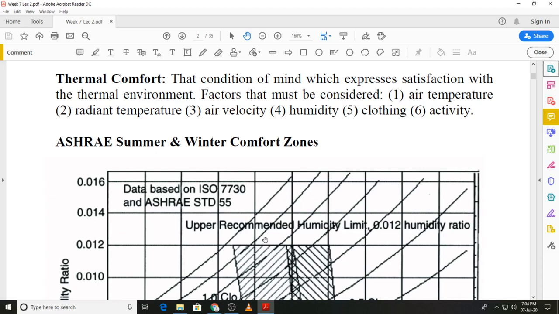However, the perception of comfort is expected to be influenced by the variables that affect the heat and mass transfer in our energy balance model, that is, the energy balance model for a human inside a conditioned space. The factors of importance are the air temperature, the radiant temperature, the air velocity, the humidity, the type of clothing a person is wearing, and the type of activity that person is engaged in.